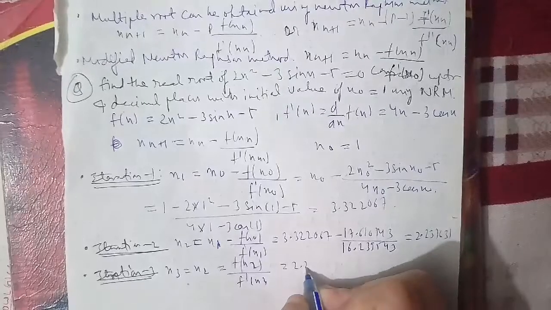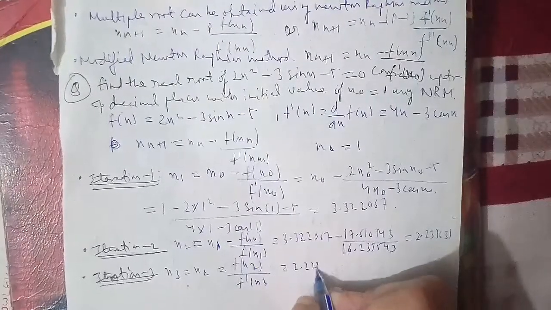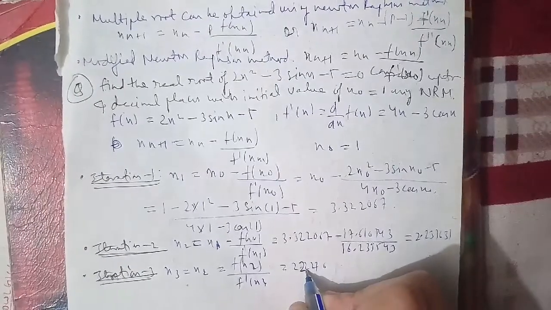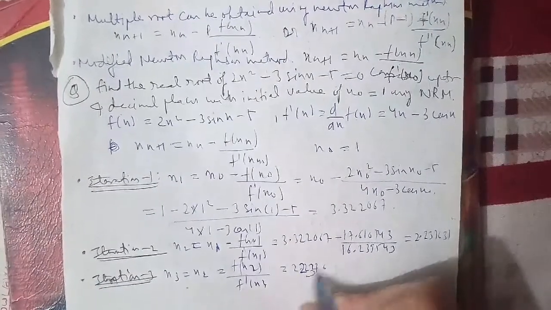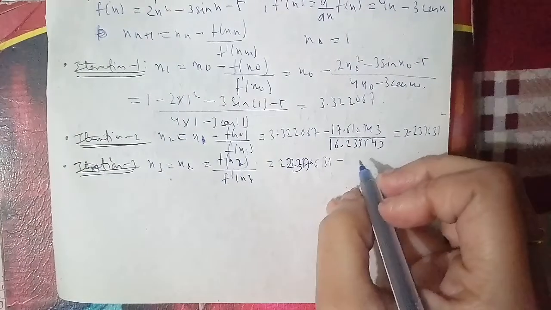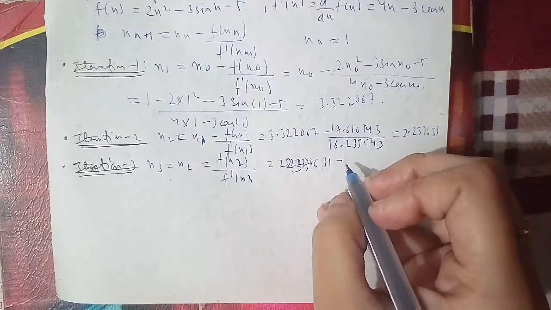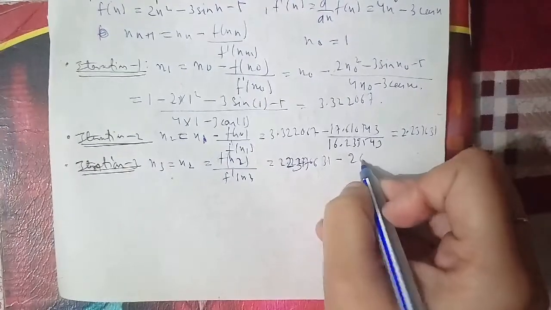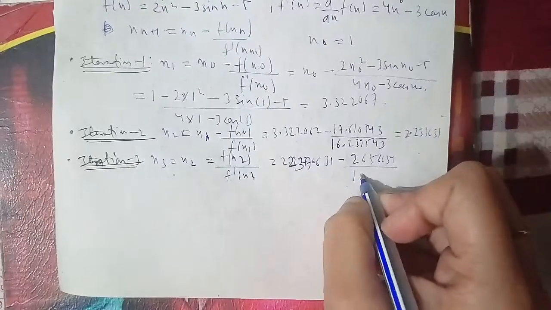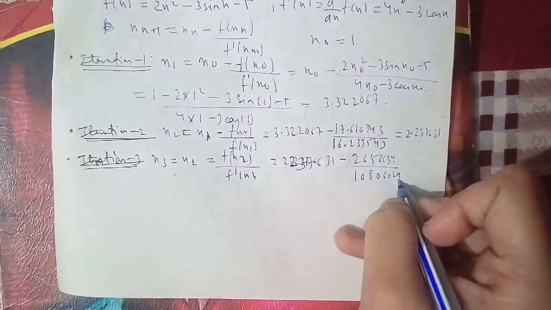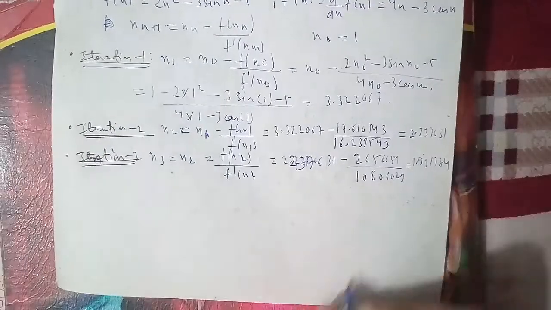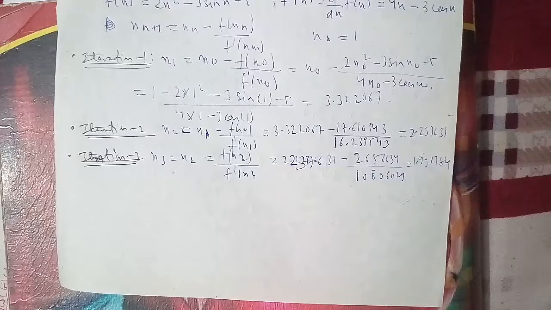Putting the values, we get 2.237631 minus 2.56634 upon 10.806029, which equals 1.991784 here.